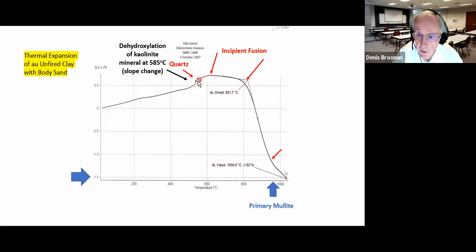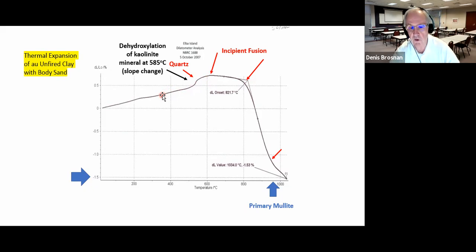So it's going to shrink. And that's the shrinkage that takes us some effort to avoid in firing clay products, because it can cause cracking. So we don't rehydroxylate. The hydroxyls don't come back into the product, at least for a long time.